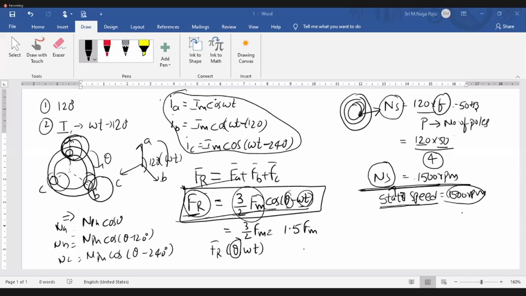Calculate the synchronous speed and the percentage of slip.